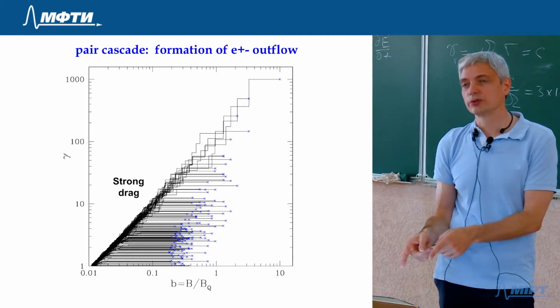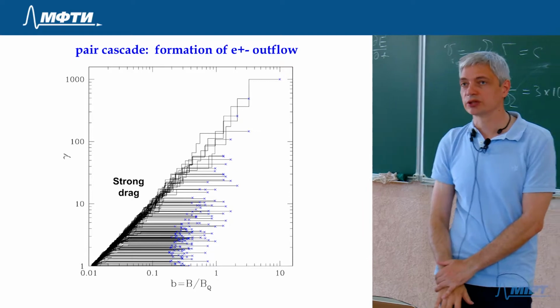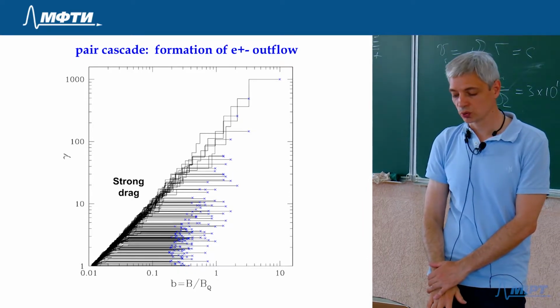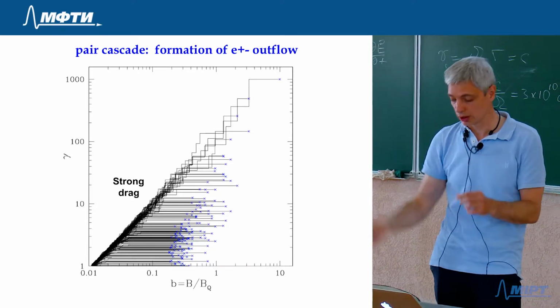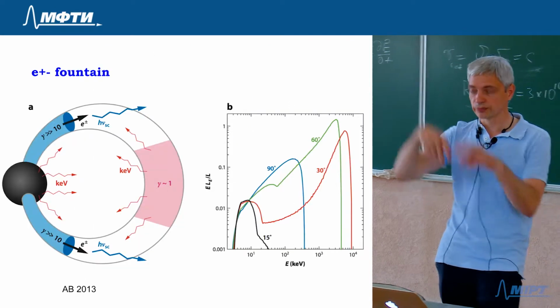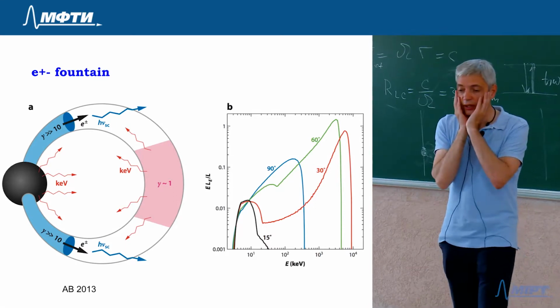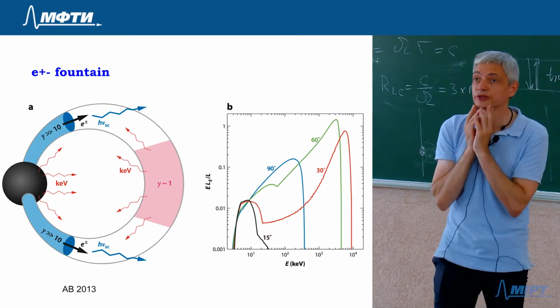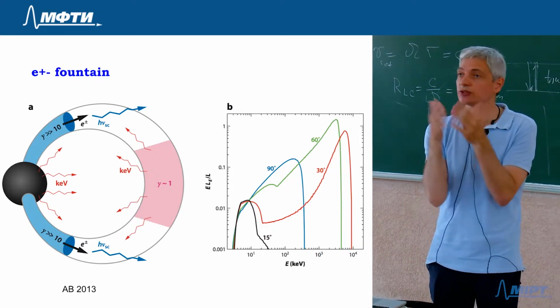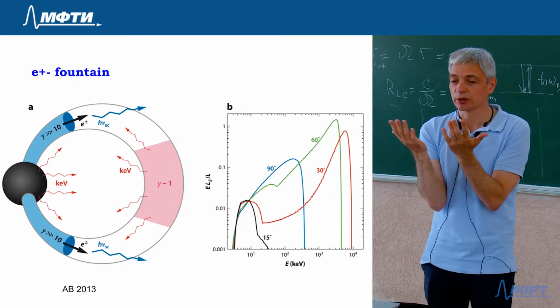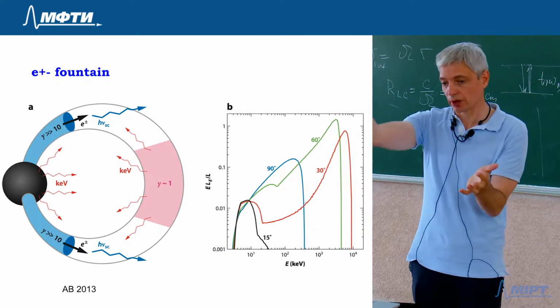And why I'm showing you this plot is that it has another observational implication. Once you understand the Lorentz factor of most of the particles flowing out of the star in this kind of electron-positron fountain, you can actually predict the emission spectrum. The emission spectrum comes from photons that have been resonantly scattered but did not convert to pairs, but eventually escaped.